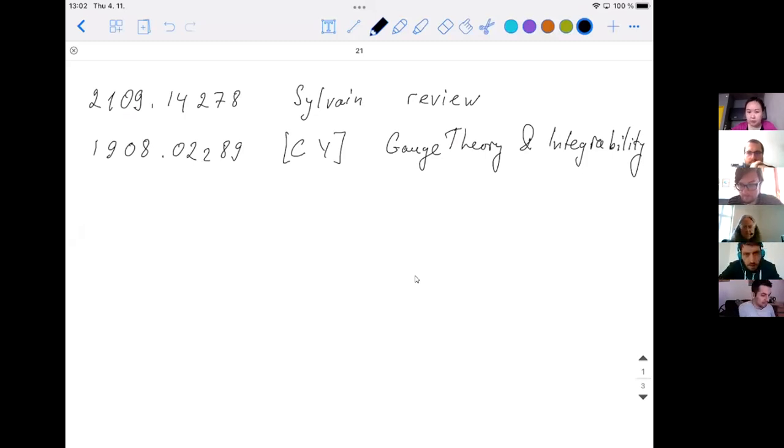I heard about this approach from Sylvain Lacroix's lectures on this summer school, integrability and duality. And I thought it's really brilliant idea. And, you know, it's almost an effortless method to construct all those integrable field theories.